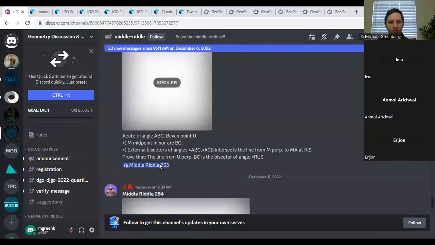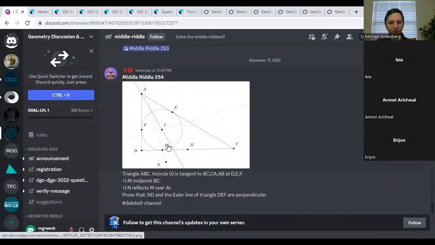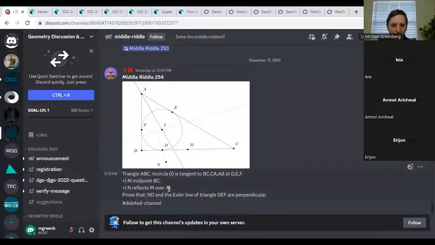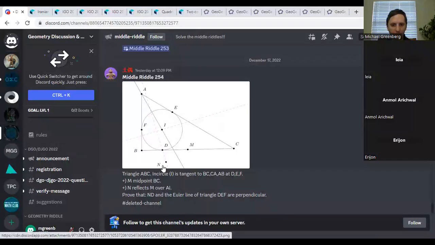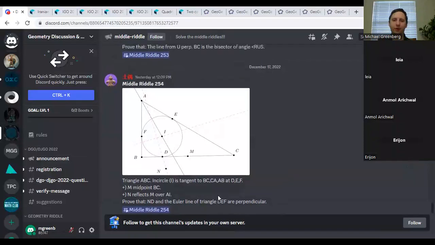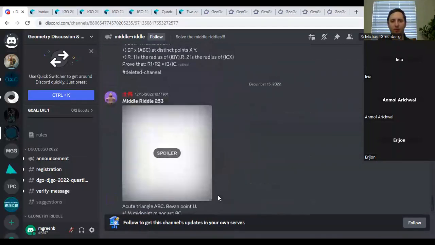So let's see, what's a good problem? This is a middle riddle, so yeah, it might be a little easier. And there's the reflection of M over AI. This is kind of interesting. Oh, the Euler line of triangle DEF. That's probably really hard, actually. Well, but it's only a middle riddle.